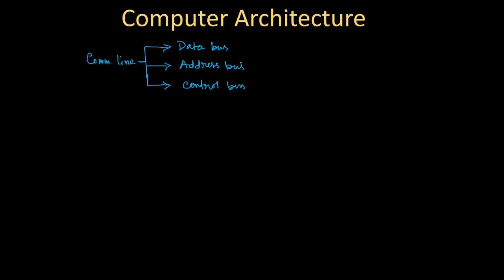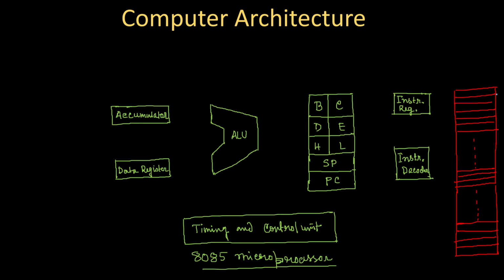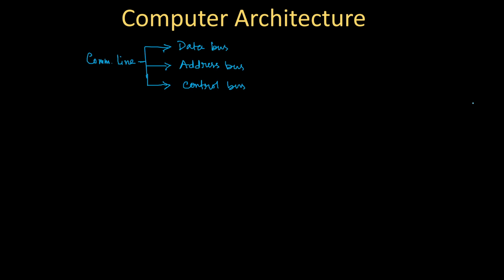Okay, and the data bus carries all the data, in some form, obviously in 1s and 0s form. Address bus is the same thing, but it carries an address. Address of what? Address of the memory location, because each and every memory location must be associated with an address, right? And the control bus carries, obviously in the form of 1s and 0s, all the control signals. What are the possible control signals?